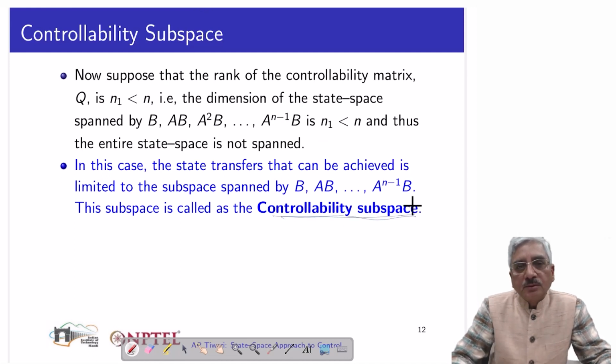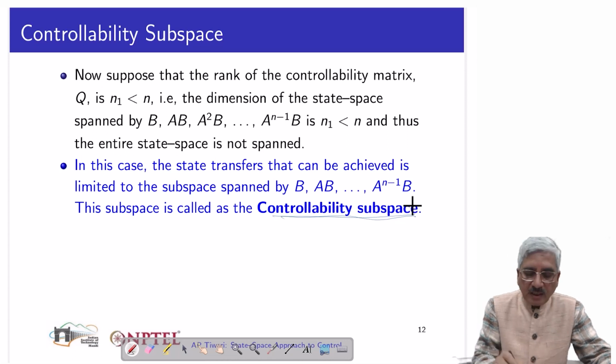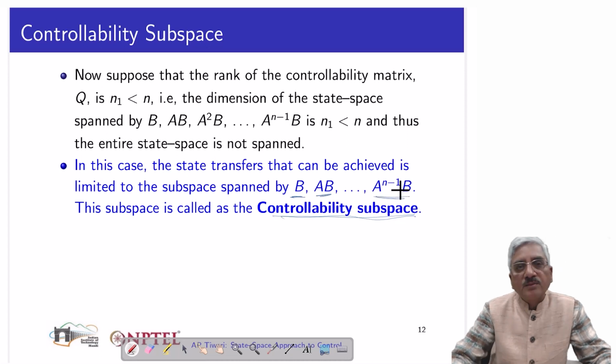So to tell in general terms, the subspace spanned by the columns of B, the columns of AB, etc. up to the columns of A^(n-1)B is called the controllability subspace.